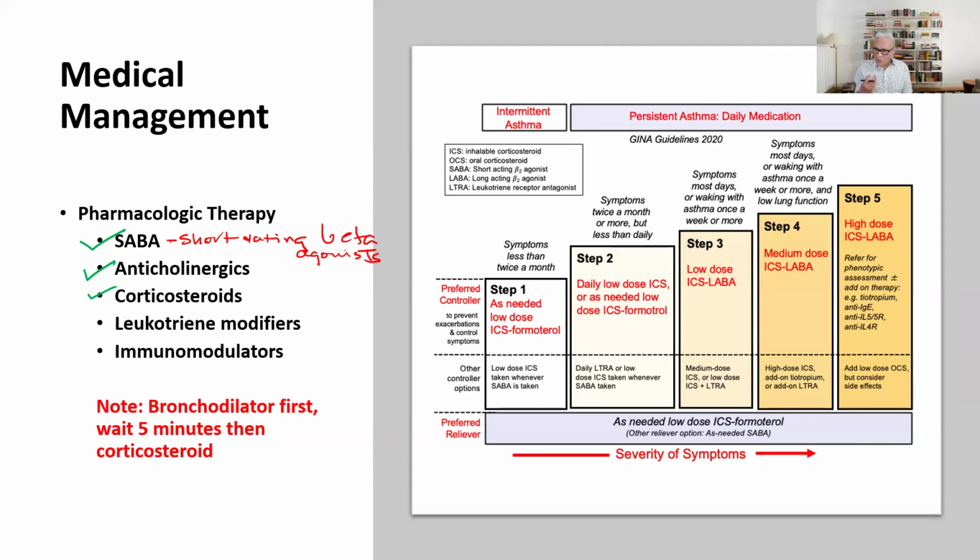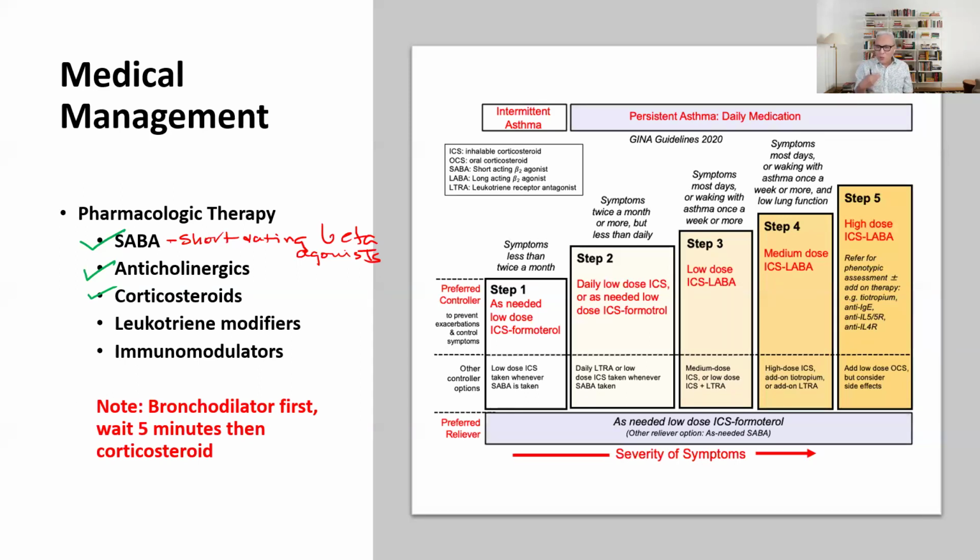And the answer to that is no. So steroids are not going to be for a rescue medication, but rather they are medications to prevent the formation of triggers or formation of attacks in patients who have asthma.